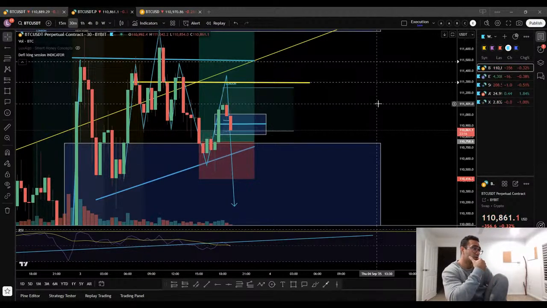So we could see another push down to the entry. The entry could be that tap into the fair value gap, and it needs all that power to then push to the upside. Or it could simply invalidate it and hit my stop.